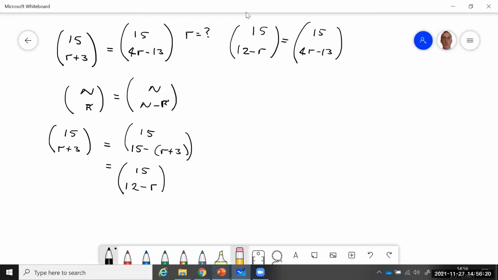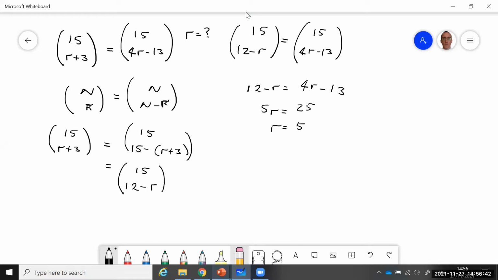Therefore we can equate the lower parts. We can say that 12 minus r equals 4r minus 13, and therefore 5r equals 25, so r equals 5.